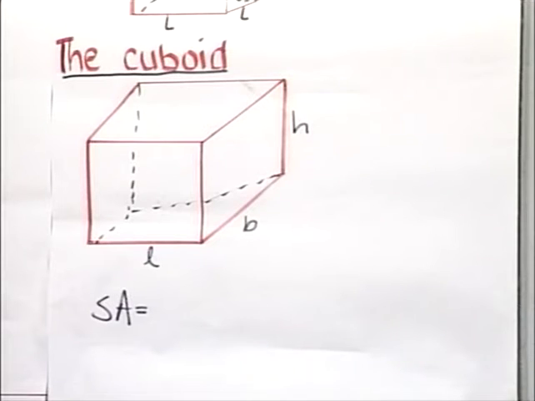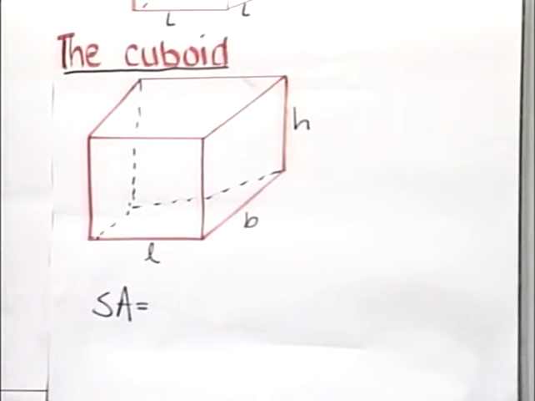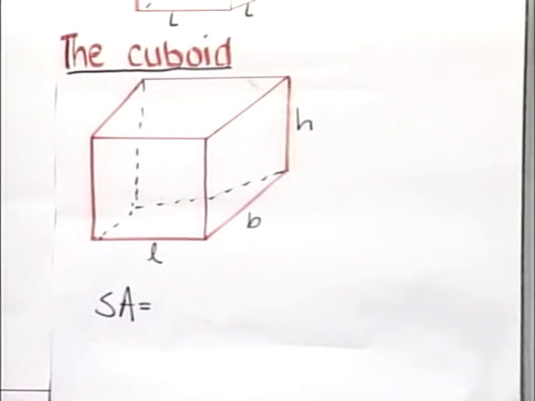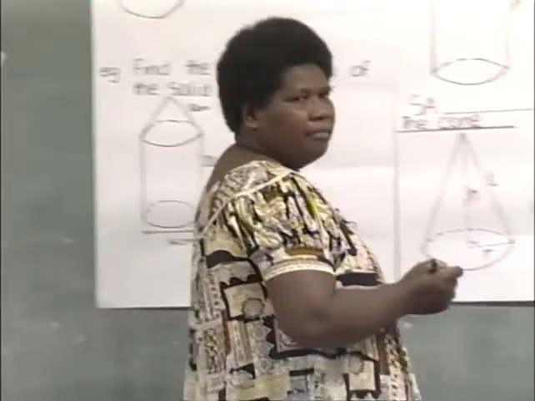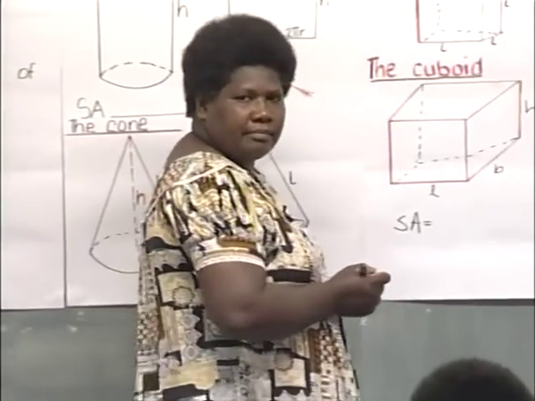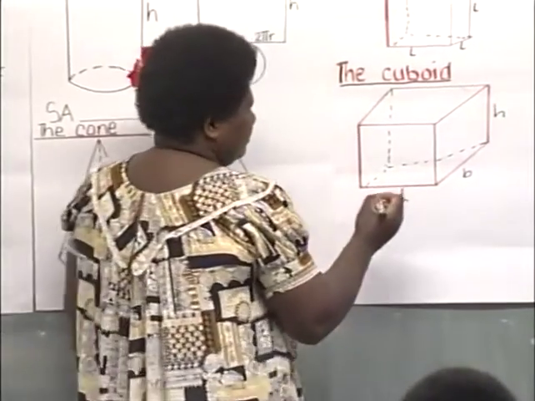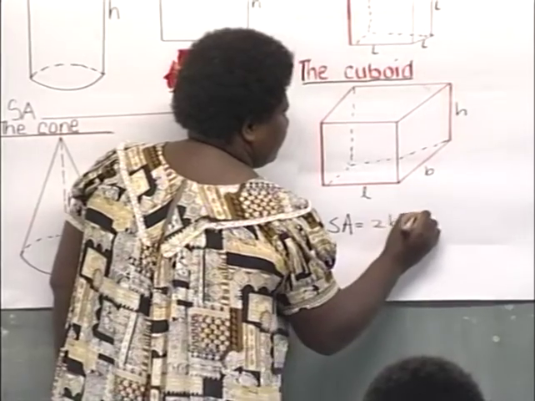Any other students who would like to answer this, or who would like to give us the surface area of the cuboid? Ponrele. 2BH plus 2LB plus 2LH.